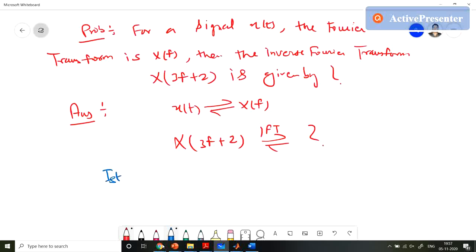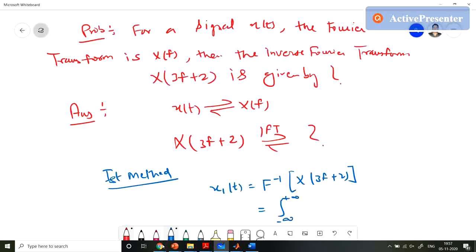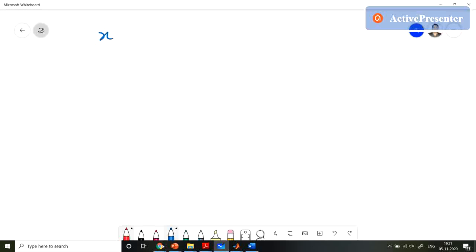First method: let x1(t) be the inverse Fourier transform of X(3f + 2), which is the integral from minus infinity to plus infinity of X(3f + 2) e^(j2πft) df.